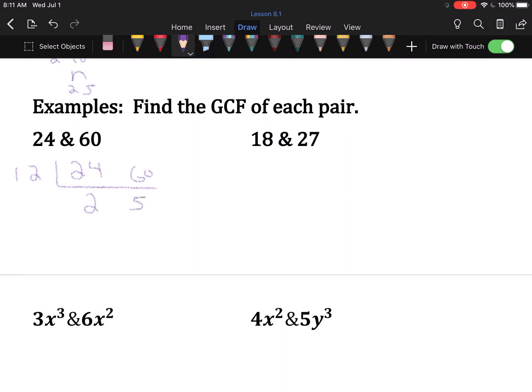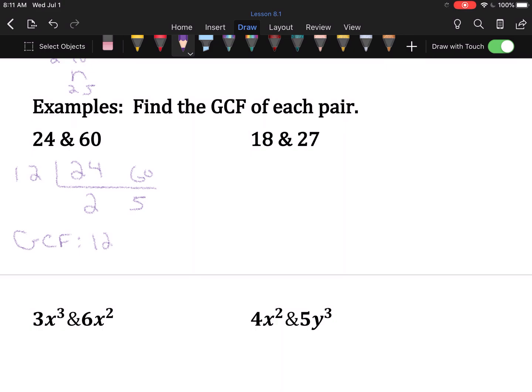There are no common terms that come out of 2 and 5. As a matter of fact, they are both prime. So, the GCF is 12. It's that number on the left side. Okay. We got it the first time here. And no, I didn't do that intentionally. I just picked 12.